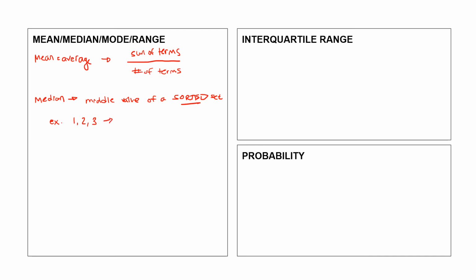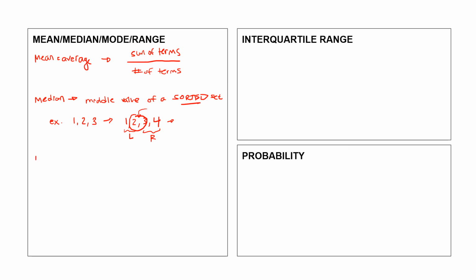Now you might have something like 1, 2, 3, and 4, where the middle value is non-existent. It is conventional here to take the median as the average of these two numbers, so the rightmost number of this left set and the leftmost number of this right set.